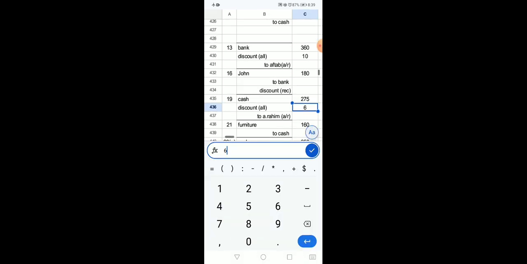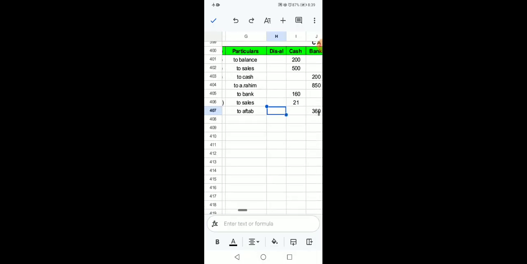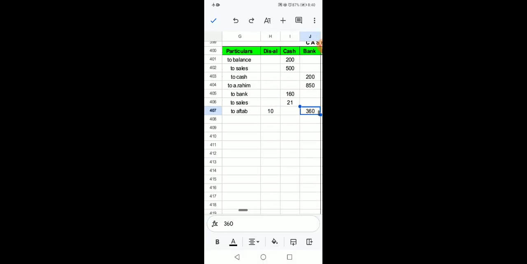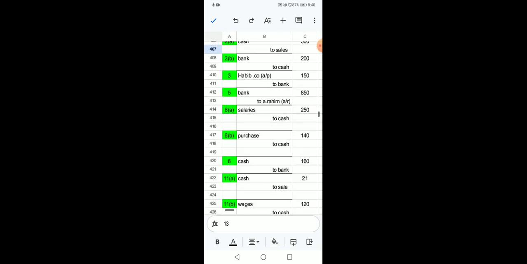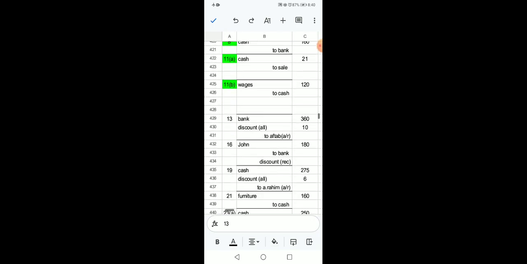Discount is 10, and you will be writing 10 in front of discount. Why? Because the reference of 360 and the reference of 10 is the same, which is Aftab. The date of both elements is the same, which is 13. So you can use the same line. The 13th entry is completed. Mark it as it has been done.